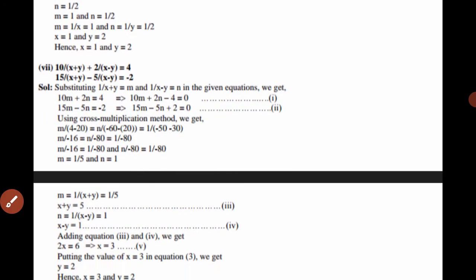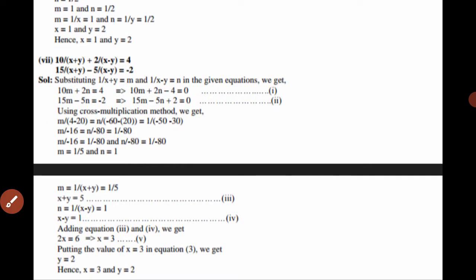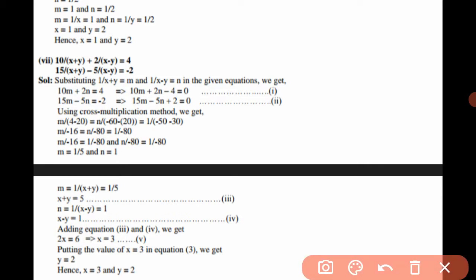Now after this, see its seventh part. In the seventh part we have given 10 upon (x plus y) plus 2 upon (x minus y) equals 4 and 15 upon (x plus y) minus 5 upon (x minus y) equals minus 2. Now substituting the values, we can put 1 upon (x plus y) equals m and 1 upon (x minus y) equals n.